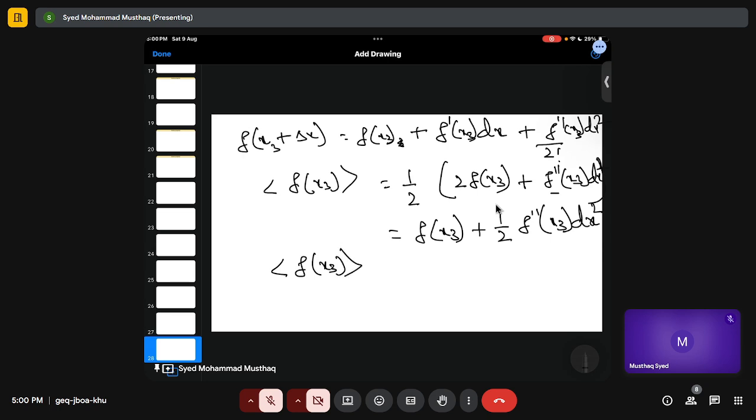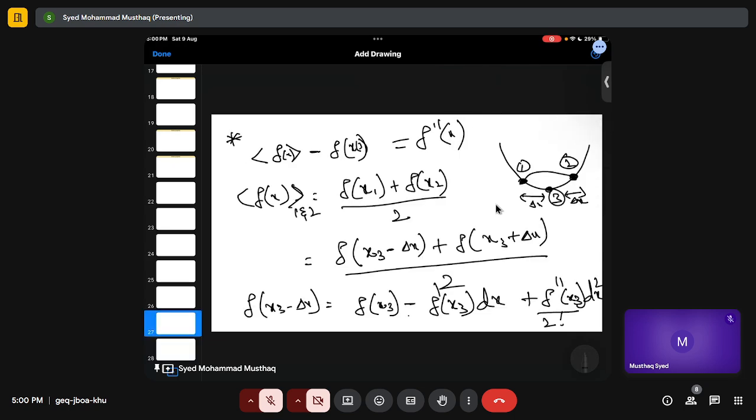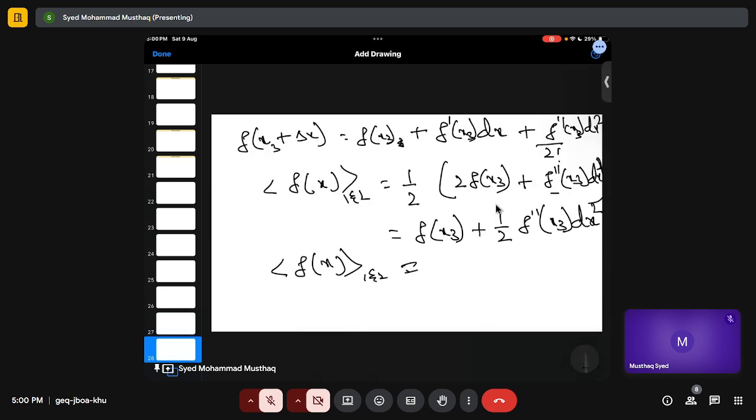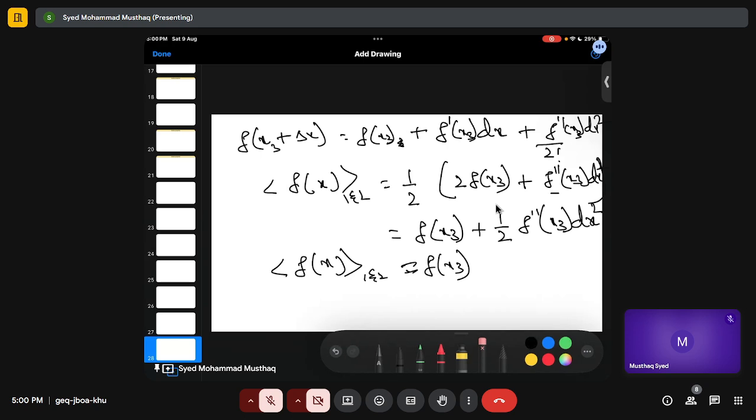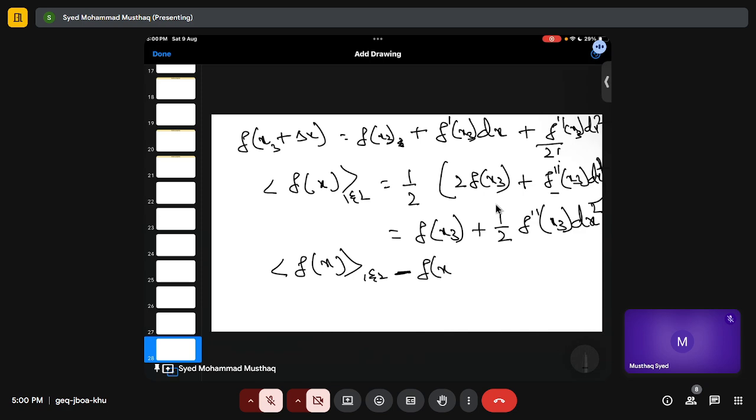Average at 1 and 2, okay, this is good. f of x3, let's shift f of x3 to that side, so it will be minus f of x3, 2 will go there, so it becomes 2 times dx square f double dash at x3.